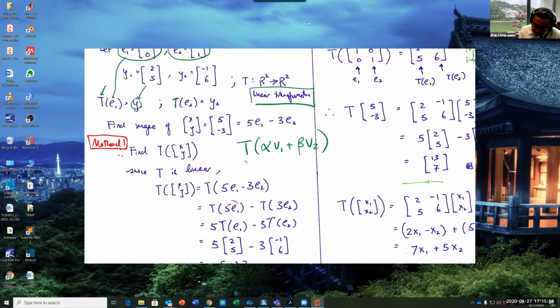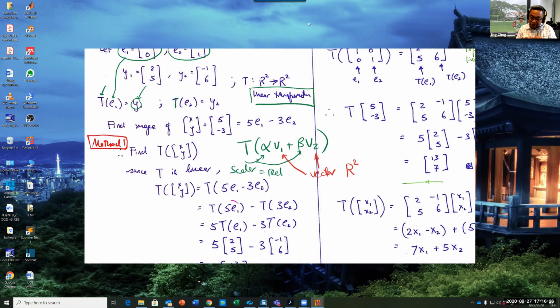Alpha is a scalar, okay? Beta is also a scalar. The word scalar here means, in our case, just a real number. It can be any real number. Later on, you realize that a scalar can be a complex number as well. But never mind. We are interested in real numbers first. V1 and V2 are vectors, and in this example they are in R2.